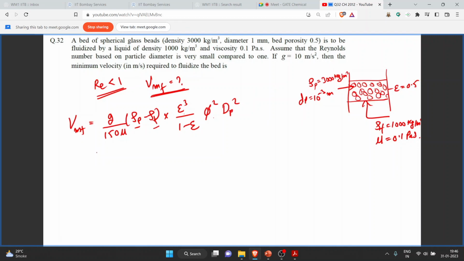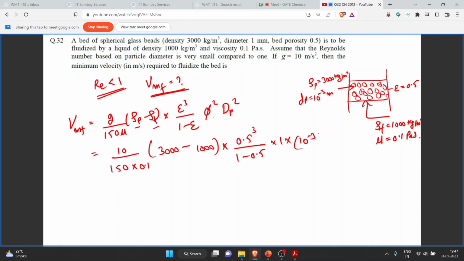So we can replace all these values and write it as 10 upon 150 into viscosity 0.1, density of the particle 3000 minus density of the fluid 1000, and bed porosity 0.5 whole cube upon 1 minus 0.5, into 1, diameter of the particle 1 mm, that is 10 raised to minus 3 whole square.